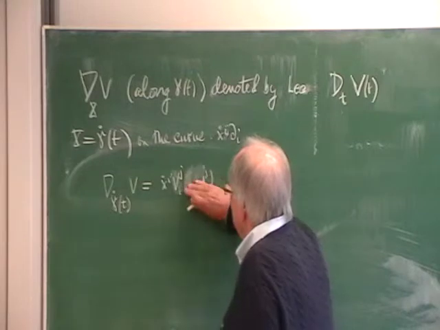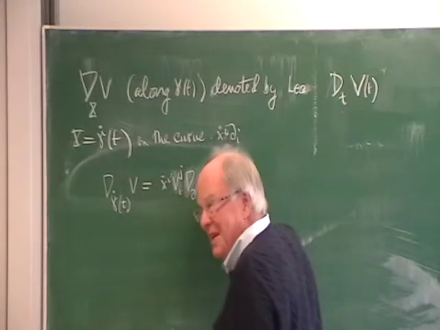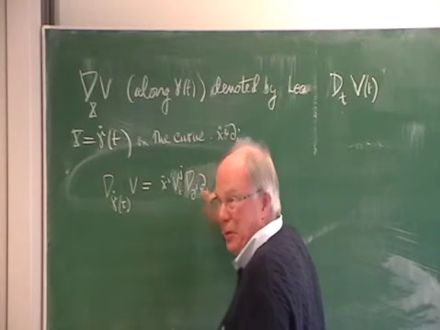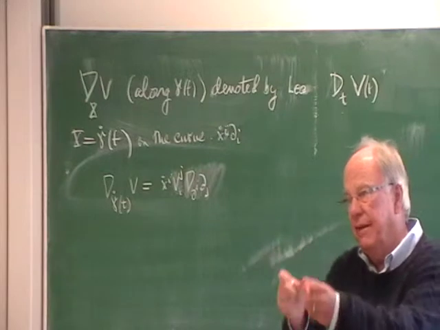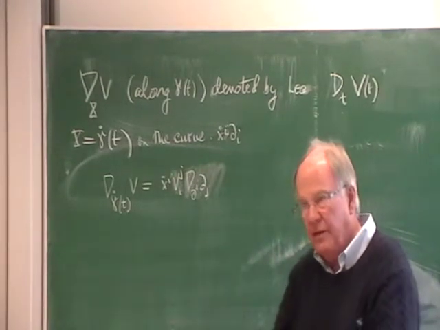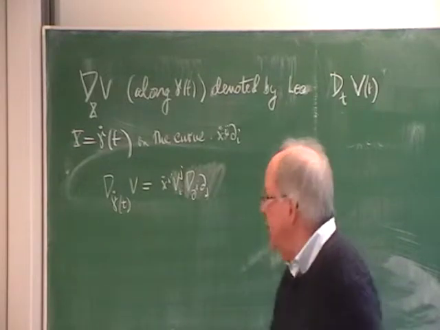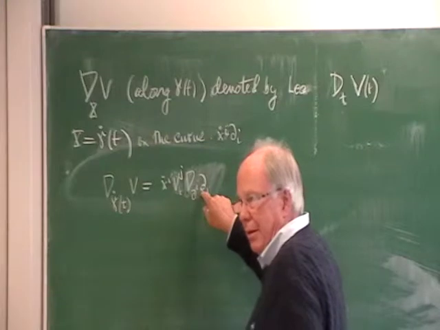Maybe I should write this carefully. Nabla d_i of d_j. Right? That's d_i applied to d_j. You should think of this whole business as taking a vector field and letting it act on sections. You want to know how it acts on sections, it's like group representation. So now it tells you how this vector field acts on that.